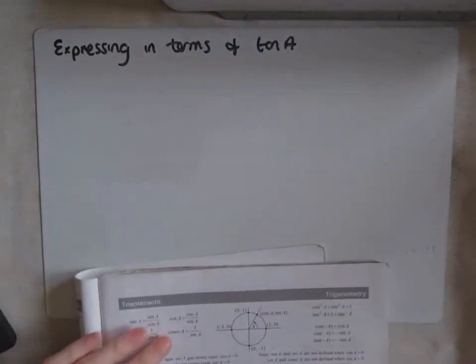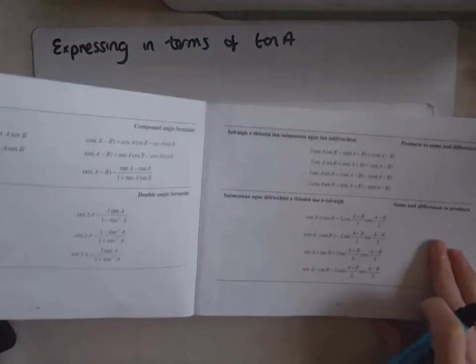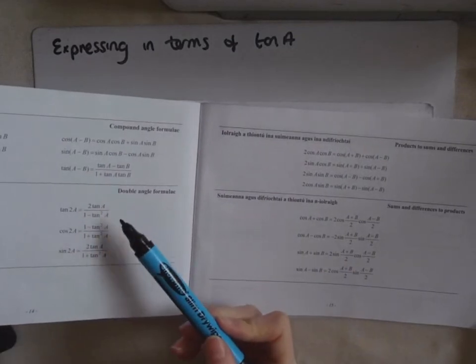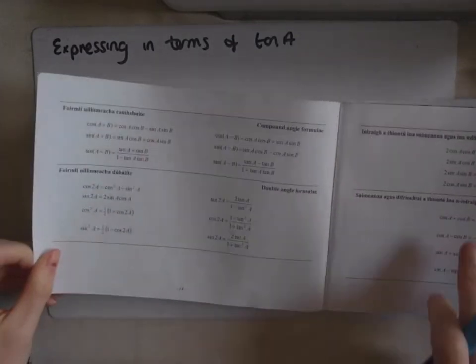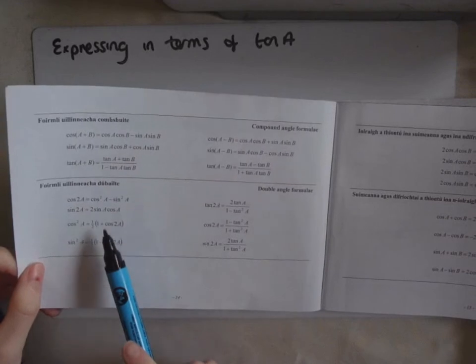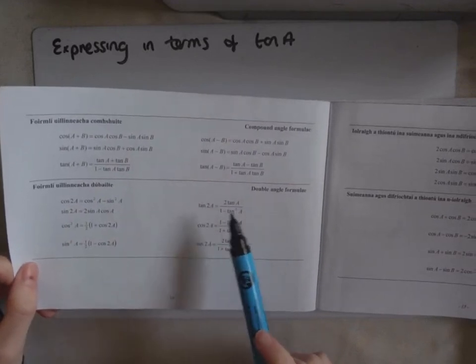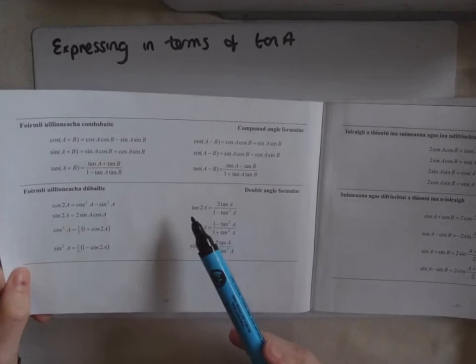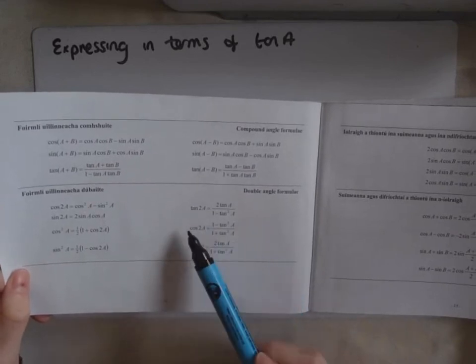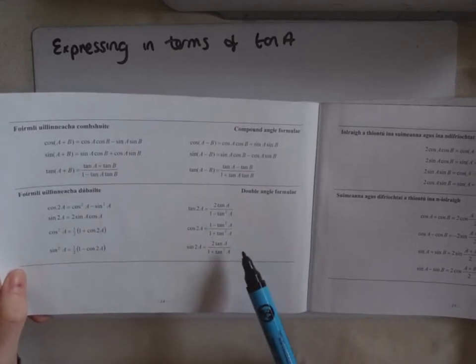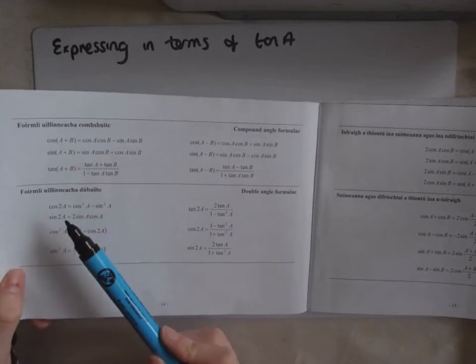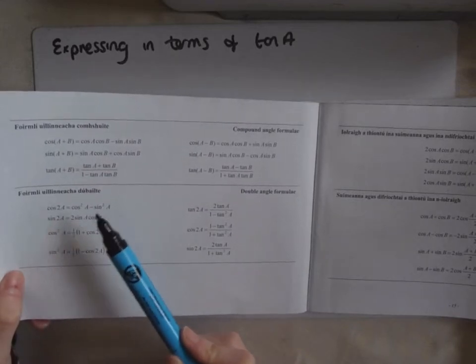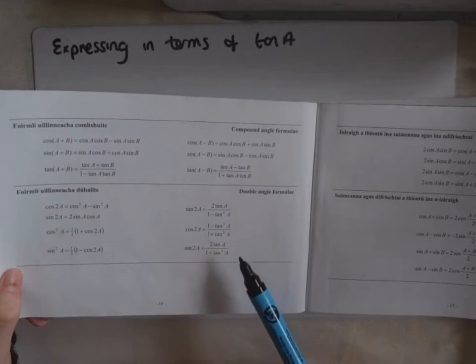So expressing in terms of tan A, you also have these 3 formulae. So these are the ones we've been using. You also have these 3, tan of 2A, cos of 2A and sine of 2A. We've looked at tan of 2A already and where it came from. Cos of 2A and sine of 2A are just the same formulas up here, but you've rearranged them so that you have them in terms of tan.